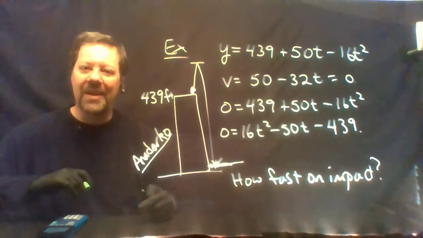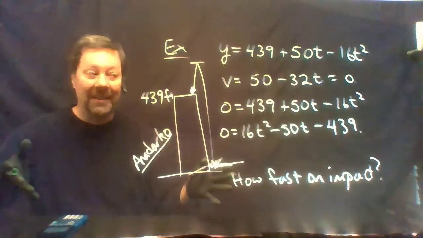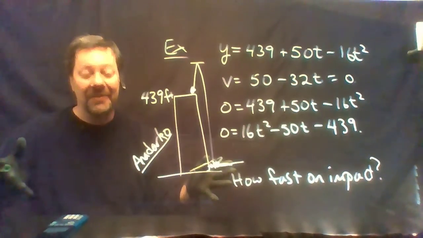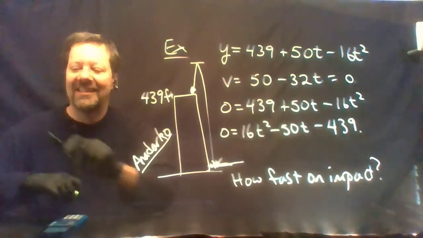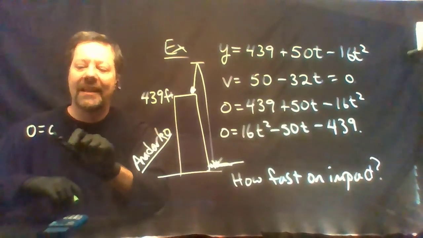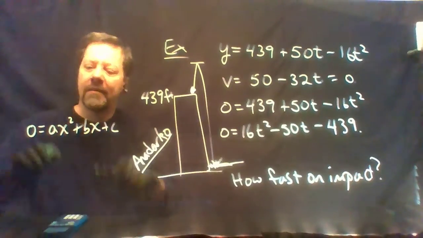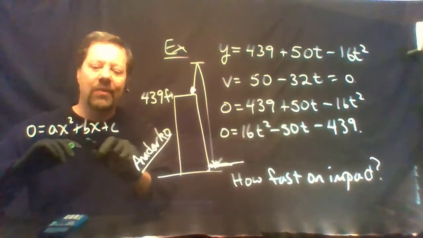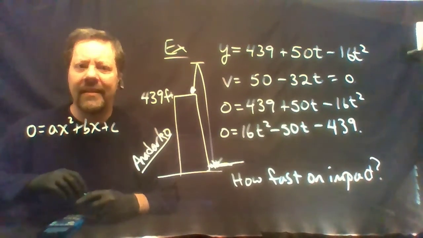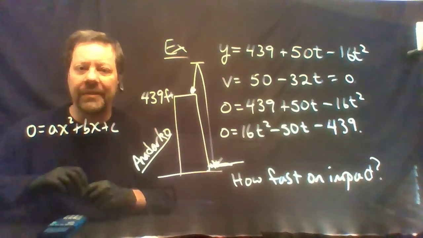Do you remember the quadratic formula? It's embarrassing, but I have to do this to you. Do you know the quadratic formula song? If you're dealing with a quadratic equation, by the way, if you erase this 0 equals and just write ax squared plus bx plus c, that's not a quadratic equation, that's a quadratic polynomial.